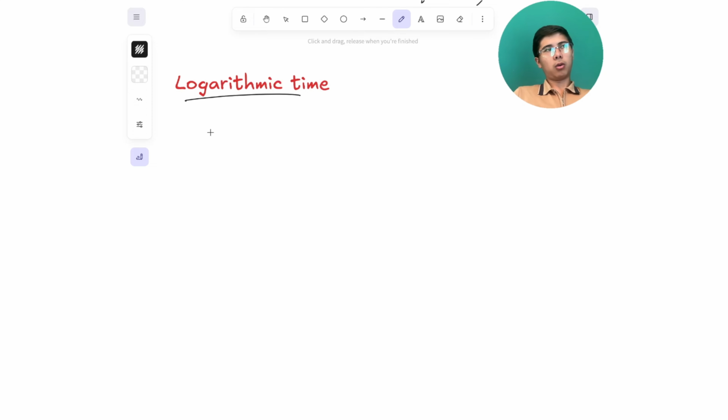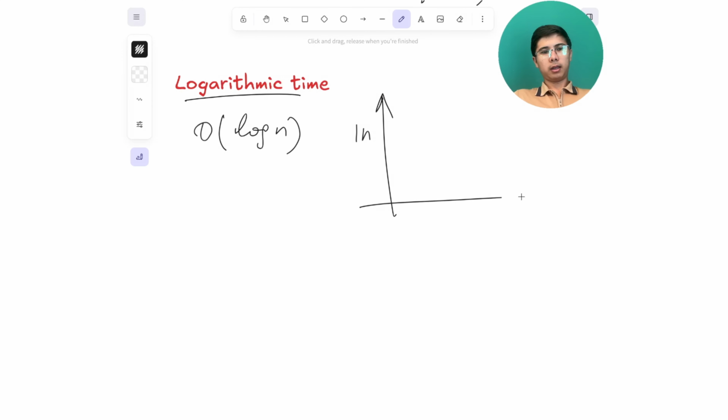Because of this, logarithmic n is considered one of the most efficient time complexities. If we draw its functional representation, we can see the input size and the time complexity. Its line looks like this logarithmic shape, because it increases gradually as input size increases.